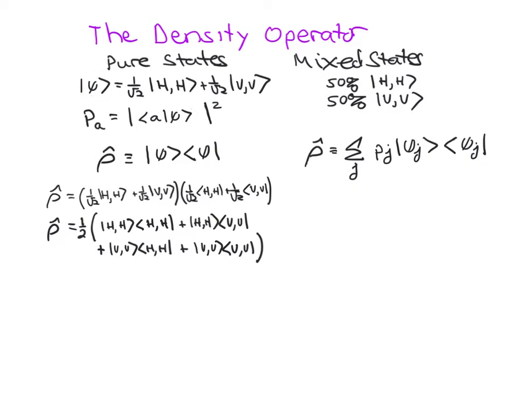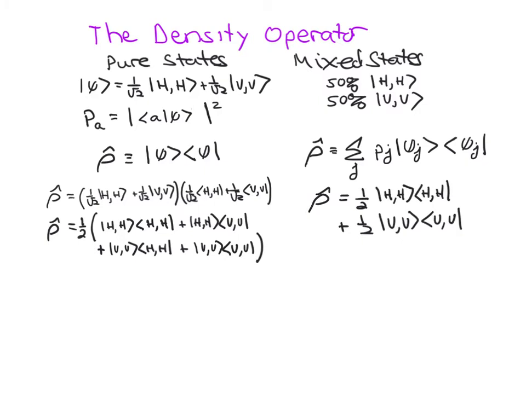And then if you write down the density operator for the mixed case, that's actually a little bit simpler to write down. It's a 50-50 weighting. So in this case, the density operator is just 1/2 times the HH ket, HH bra, plus 1/2 the VV ket, VV bra, like that.